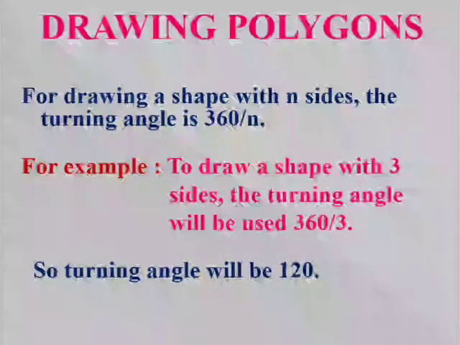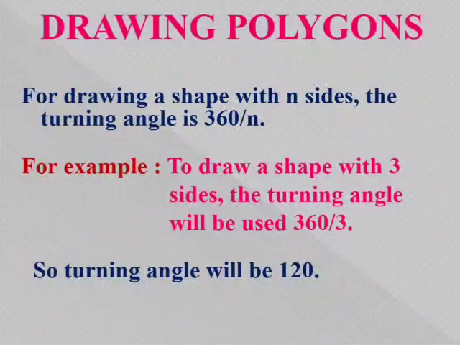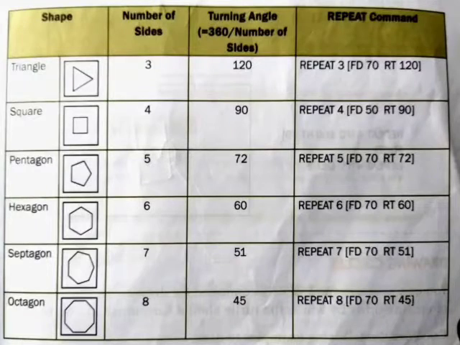To draw a shape with three sides, means triangle, the turning angle will be 360 divided by 3. So turning angle will be 120. Students, here is the table that shows shape, number of sides, turning angles for that shape, and repeat command to draw that particular shape.